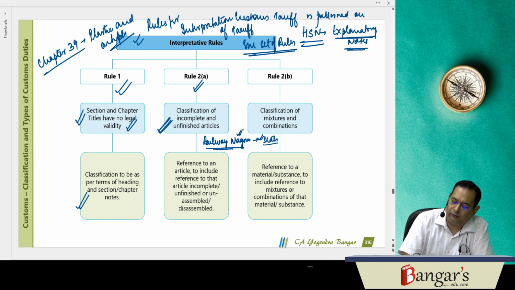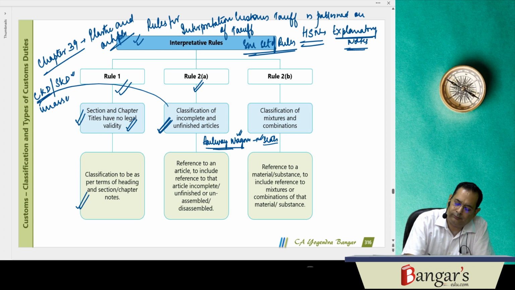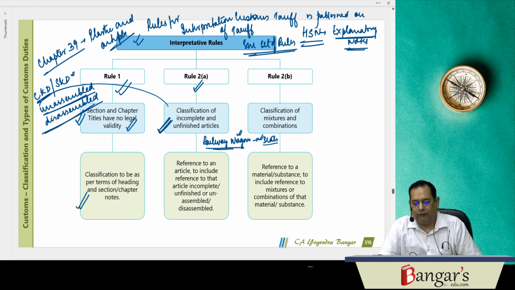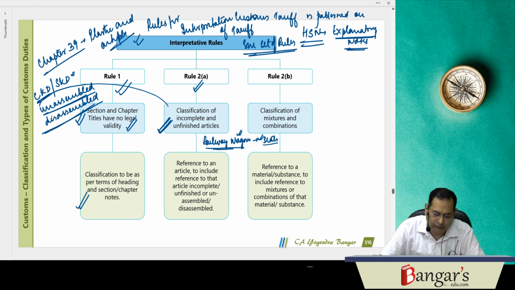Similarly, in case any article is removed in a completely knocked down condition or semi knocked down condition, that is, in an unassembled or disassembled form, the classification will be done accordingly.